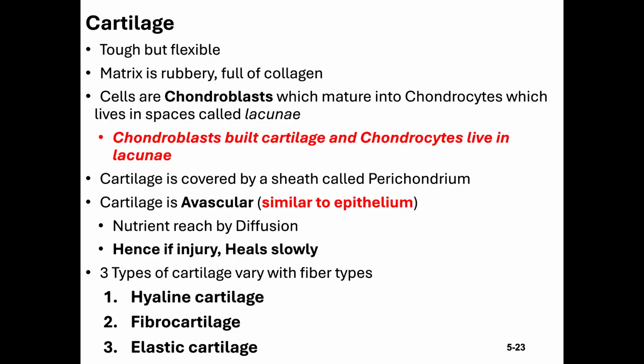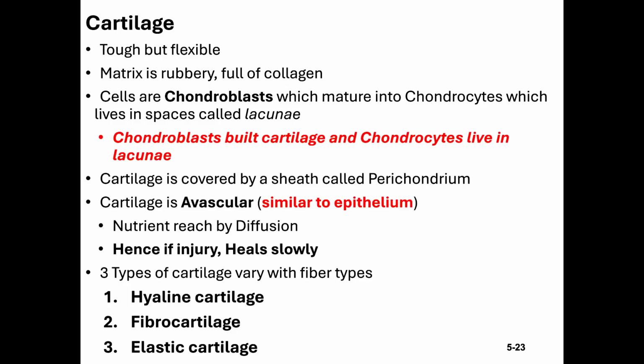Again, cartilage is avascular, just like the other tissue we said is avascular. Epithelial, correct. So we talked about two tissues which are avascular. When you say something is avascular, that means there's no blood supply, but it receives nutrients by diffusion.